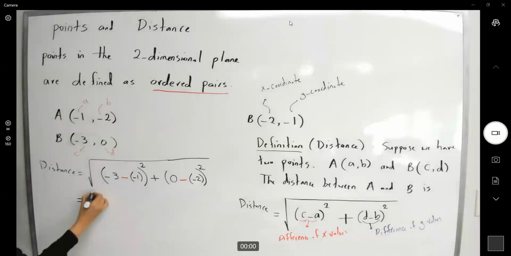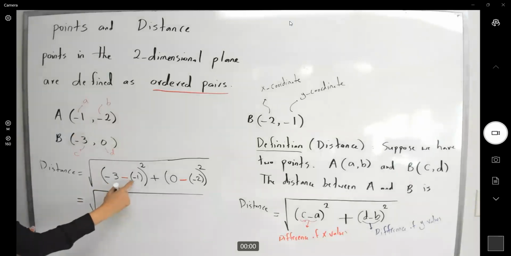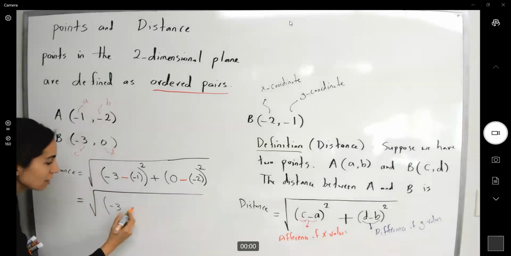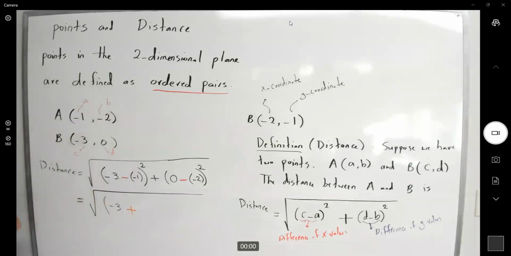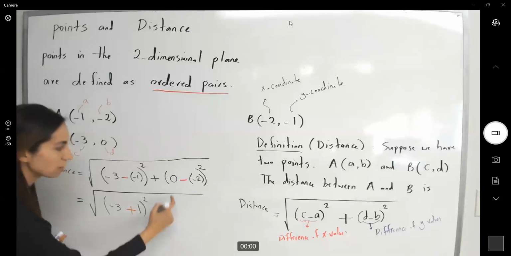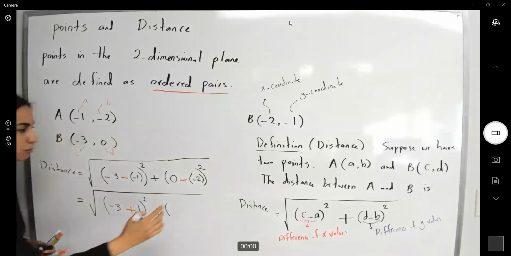This is equal to the square root of, well, guys, I have parenthesis, -3, minus becomes plus. Use a different color to make sure you know what you did. Minus times minus is plus. Plus 1 to the second power. Plus parenthesis 0. 0 is not important.